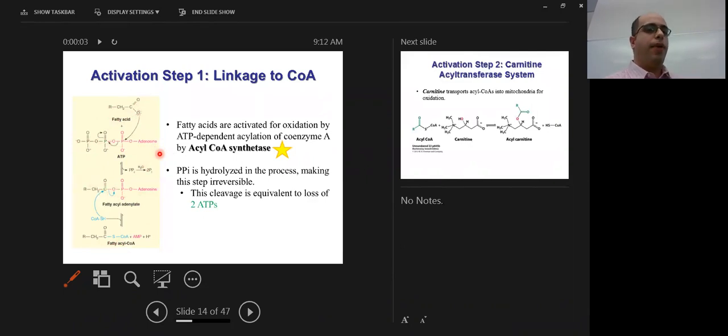However, on paper, it looks like we're only breaking up this one ATP. In actuality, we're attacking and removing that 2-phosphate there, and we're leaving only an adenosine, a phosphate, and a fatty acid, so it's really like the equivalent of a loss of 2 ATPs. The amount of energy that is required to do this reaction is as if you use 2 ATPs.